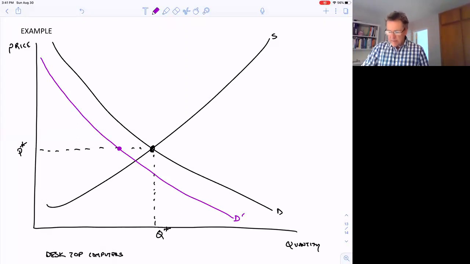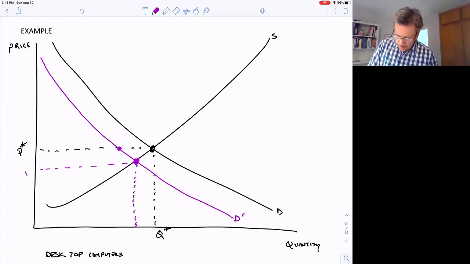Now we know what's going to happen. Eventually here, there's a new equilibrium that we're going to move to right here. And we can see when that demand shifted to the left, that new equilibrium is going to have a new price and a new quantity. We'll call it P star star and Q star star. At that new equilibrium, has supply changed?